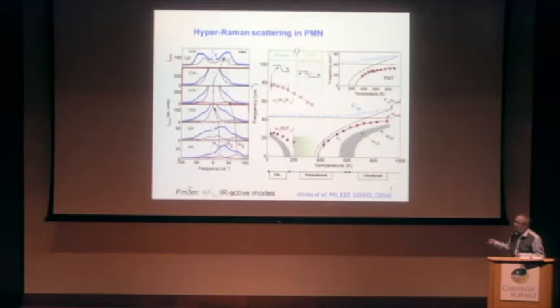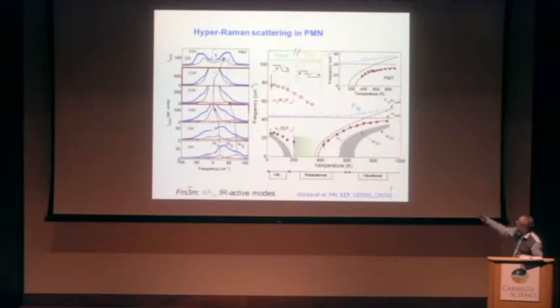But later there are two papers from Bernard Hehlen and Jirka Hlinka who studied hyper-Raman scattering. You know, in hyper-Raman you have the same selection rules as in infrared spectroscopy, you can see the polar phonons. And what they found, practically two soft modes in the high temperature range, and this mode corresponds to the mode seen in neutron scattering.